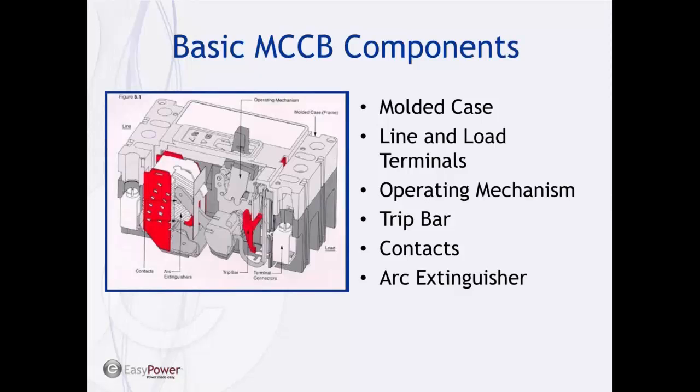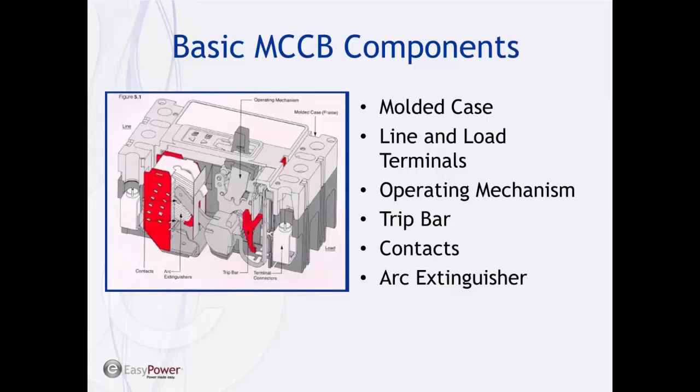You have the terminals, obviously, the line side and the load side. There are restrictions about reverse feeds on the breaker and how they're mounted, so that's something you need to look into. If you want to mount it upside down, it has to be rated for that. Also, if you want to feed power from the load side through the line side, that also has to be specially rated. So that's reverse feed.